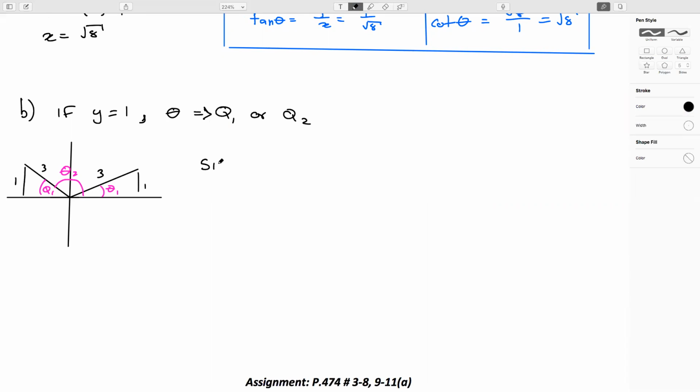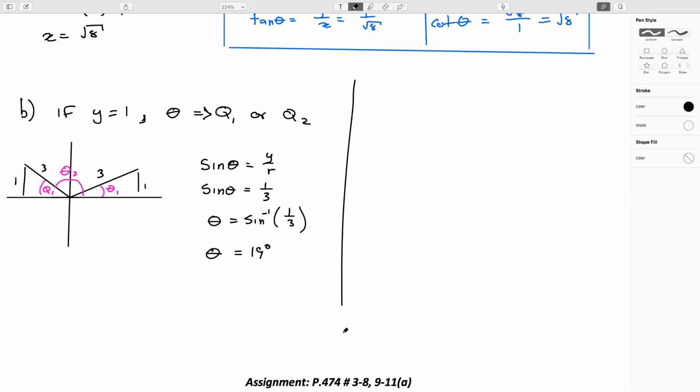So I know that sine theta equals y over r, and I already know that sine theta equals 1 over 3. So that means theta equals arc sine of 1/3, or 19 degrees. Okay, so I know that theta 1 is 19 degrees.